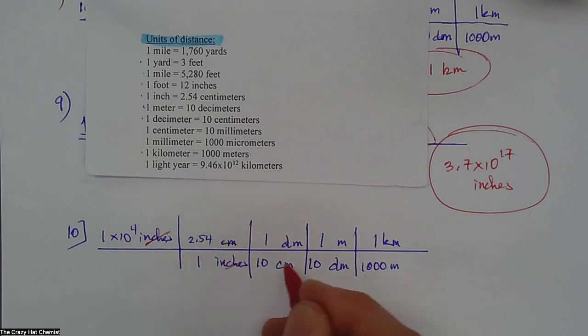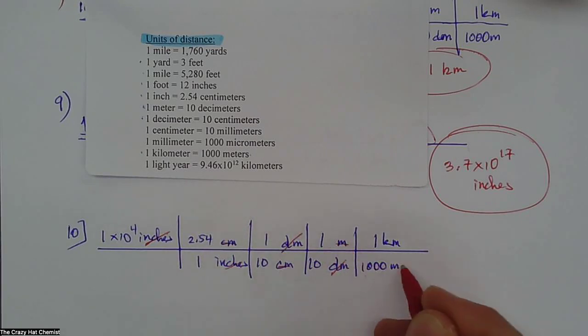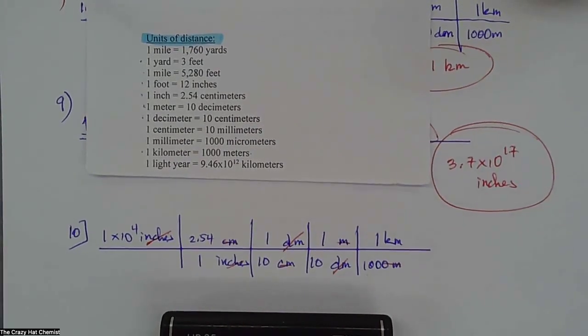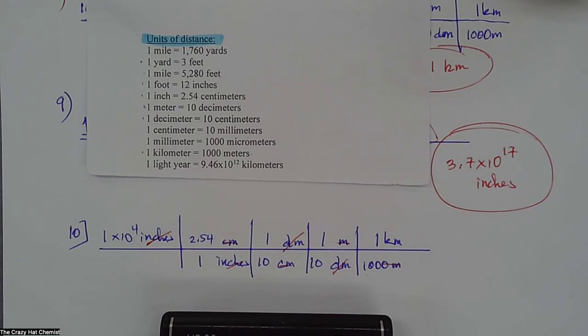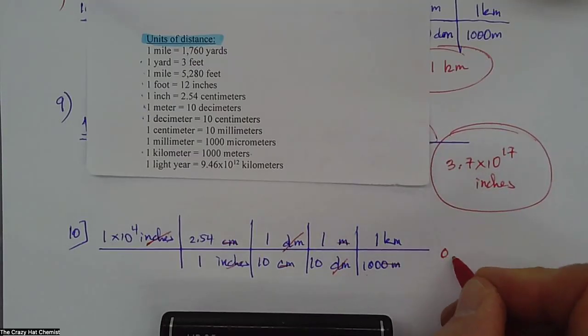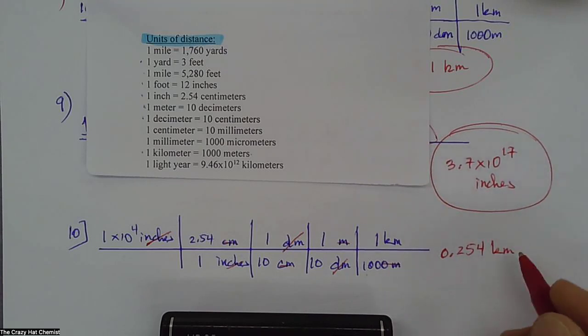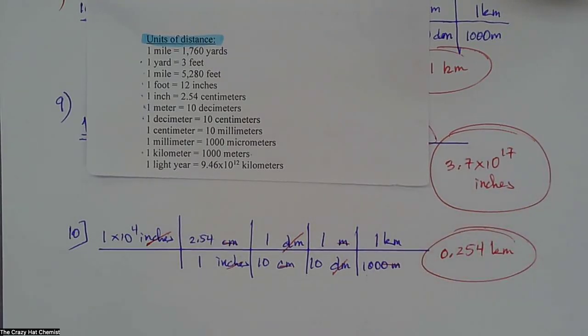Inches cancel, centimeters cancel, decimeters cancel, meters cancel, and then we're left with kilometers. So that is 1 times 10 to the 4 inches, 2.54 multiplied, divided by 10, divided by 10, and divided by 1,000. And we're going to get 0.254 kilometers is equal to 1 times 10 to the 4 inches.